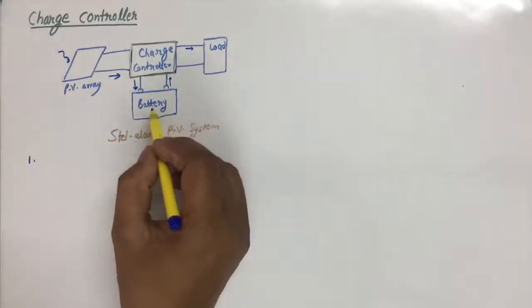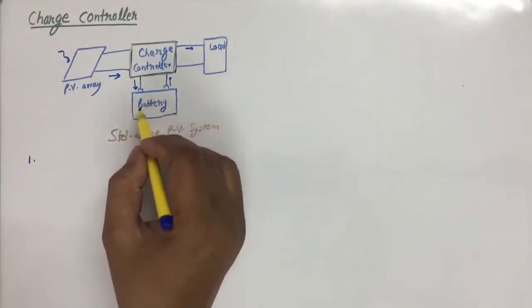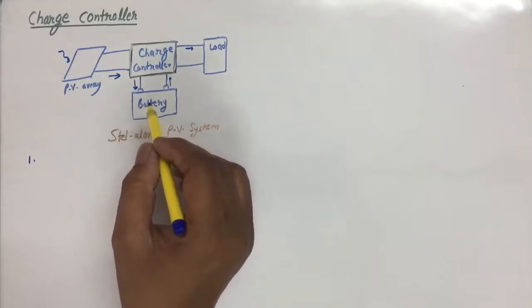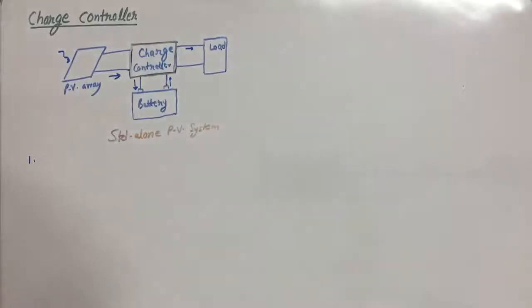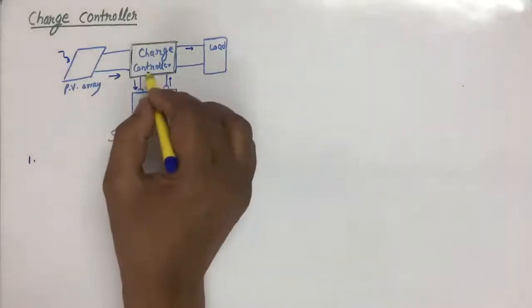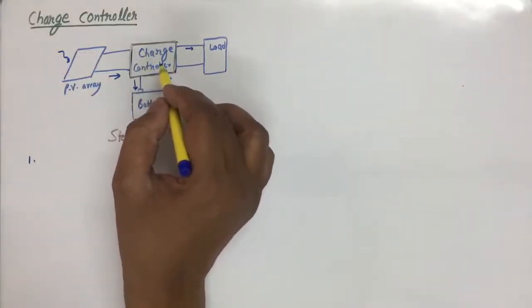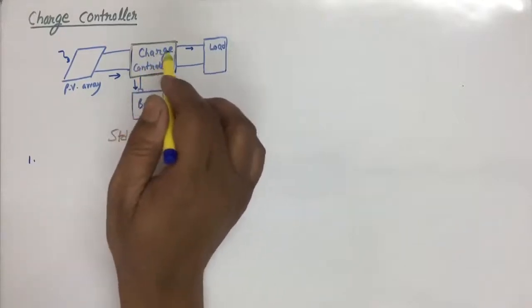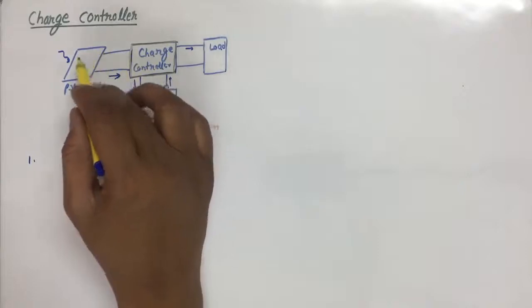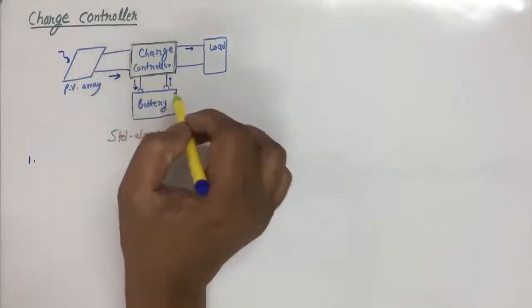This will cause capacity loss of the battery. Additionally, it may cause a heating effect and many more problems due to overcharging. So in that case, the charge controller plays an important role. Here, the charge controller cuts the PV power from the battery.